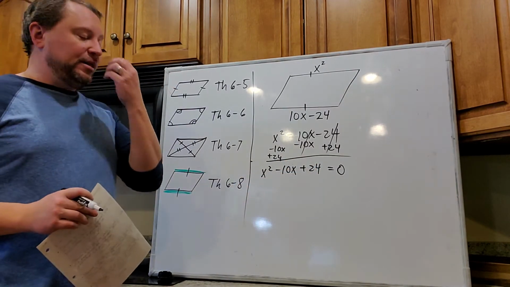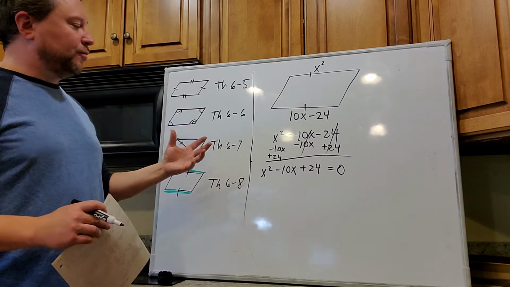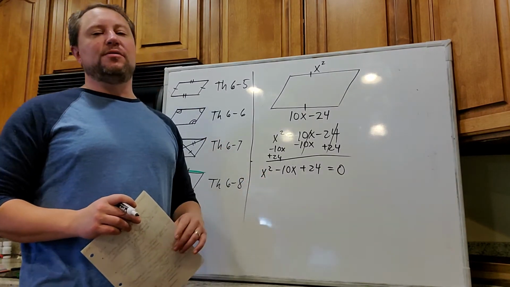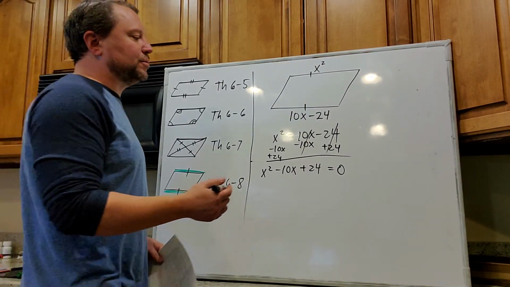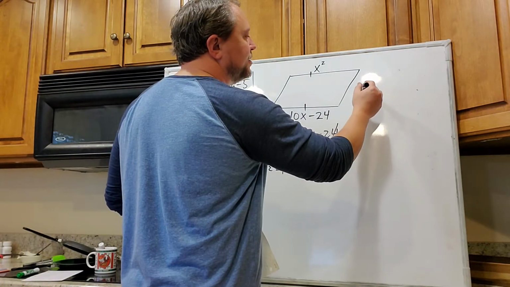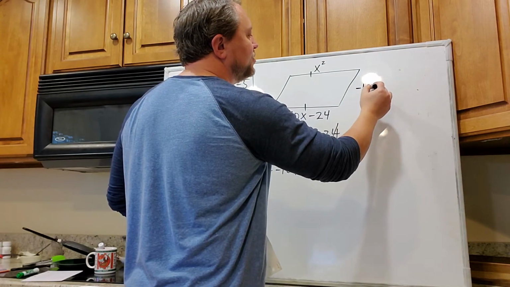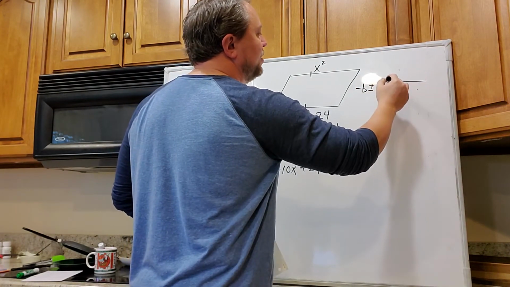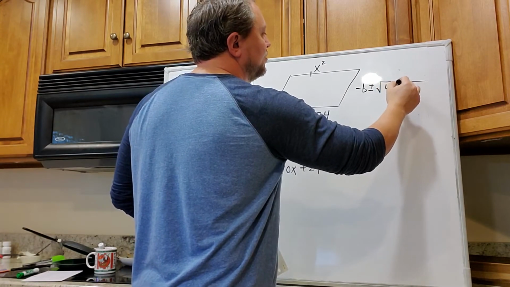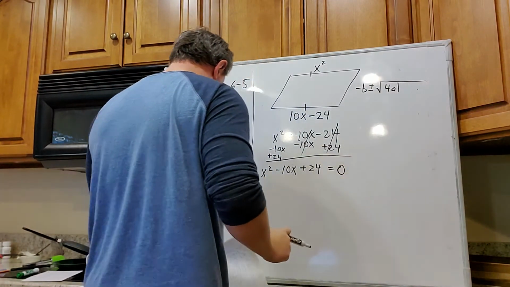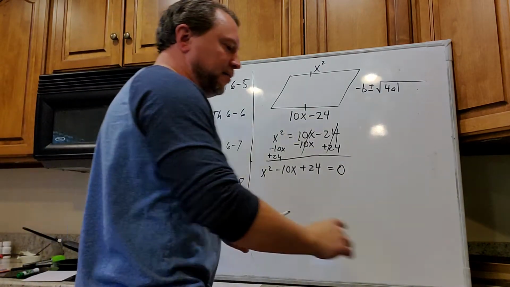Okay, and if you remember right, this is the first step to setting it up so that we can start using the quadratic formula, which I'm sure many of you would prefer to use. Remember, the quadratic formula is the minus b plus or minus square root of 4a, or I'm sorry, drew a blank there.